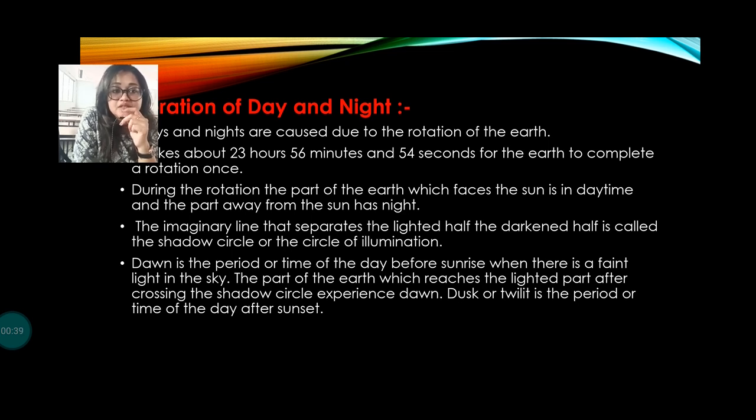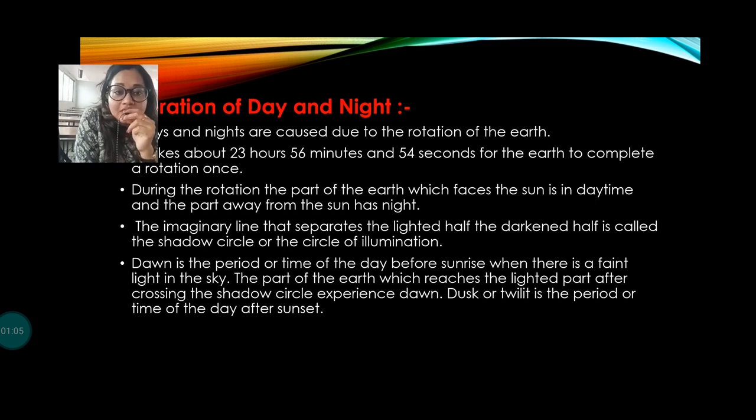Okay, and we call it 24 hours, one complete rotation of the Earth on its axis. During the rotation, the part which faces the sun gets the sunlight, so they have daytime.